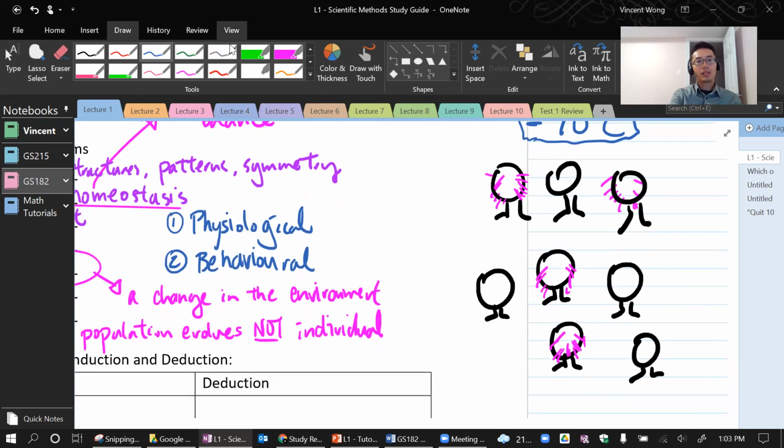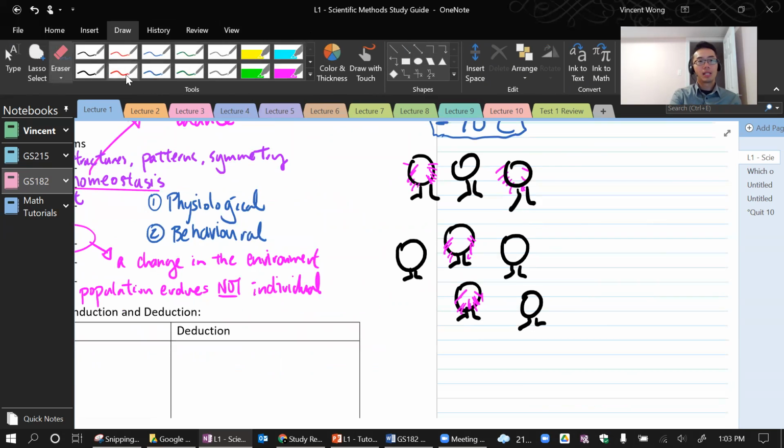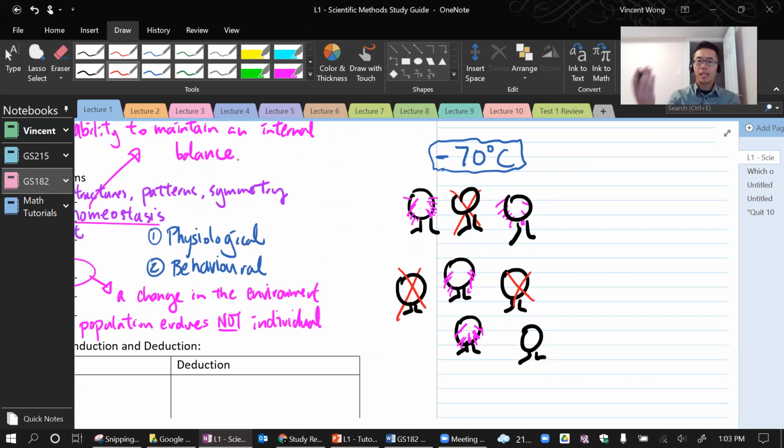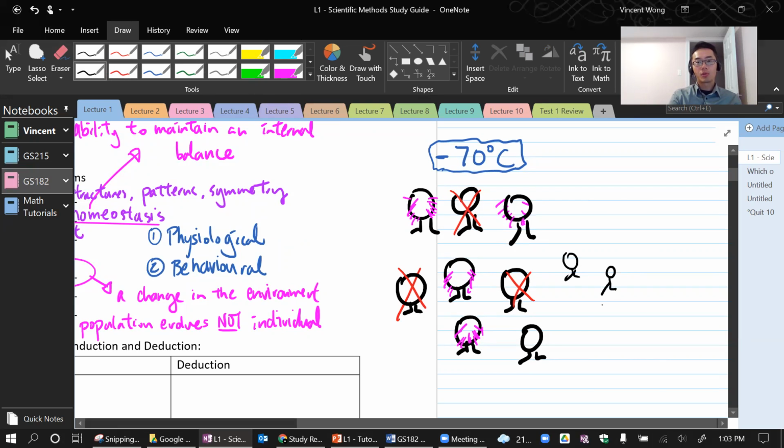So what happens is the organisms that do not have the thick coat, the fur, are going to die from the cold. Some might survive, maybe they find a cave or something, but a majority of them would die from the cold weather. And then these furry ones will be the ones that are left behind. They are going to be able to produce more babies, and the babies that they produce will also have the fur, because the fur is the genetic trait that can be passed on.